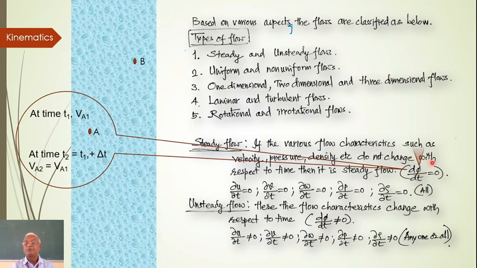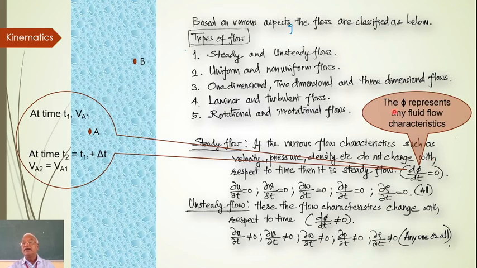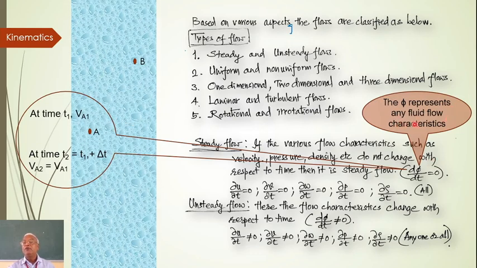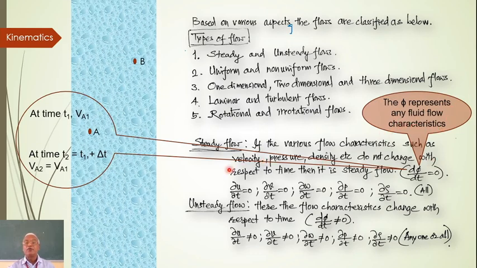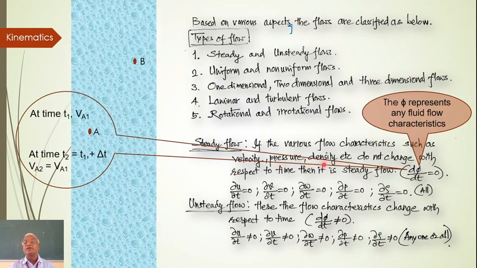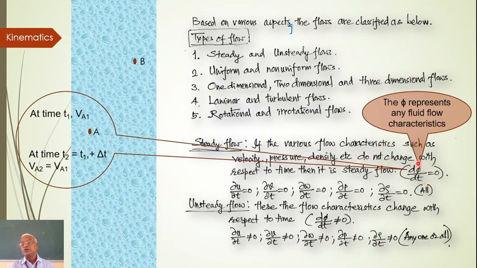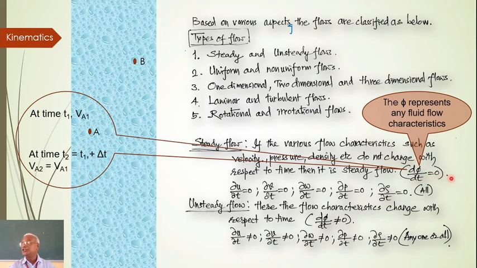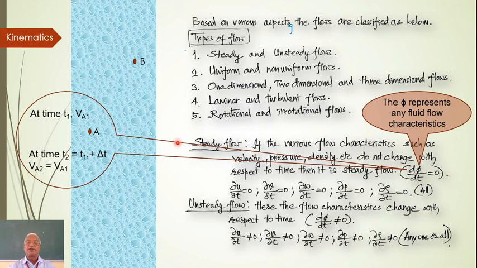The phi represents any fluid flow characteristic, and fluid flow characteristics are velocity, pressure, density, etc. So if the fluid characteristics are not changing with respect to time, in the sense d phi by dt is equal to 0, then it is a steady flow.